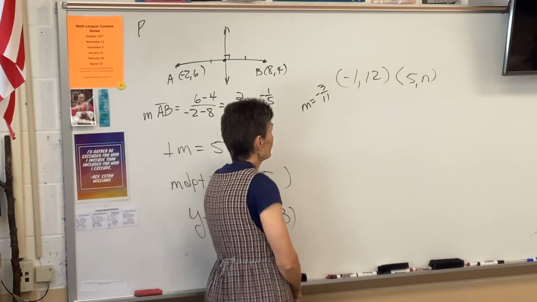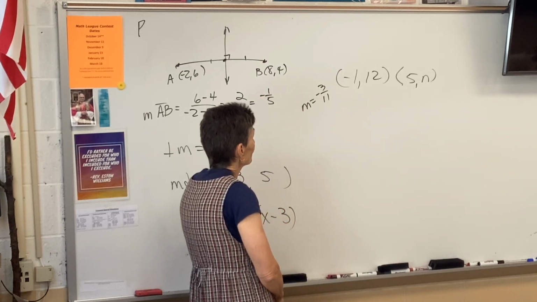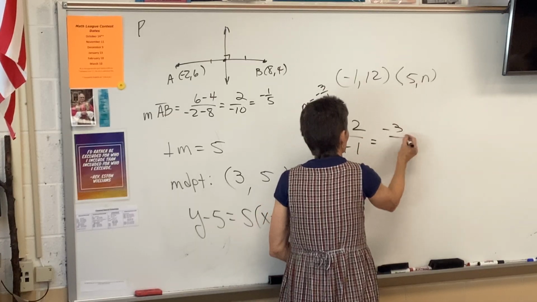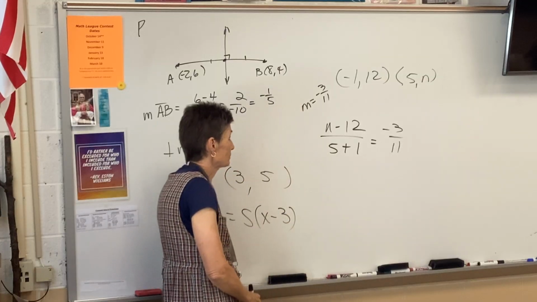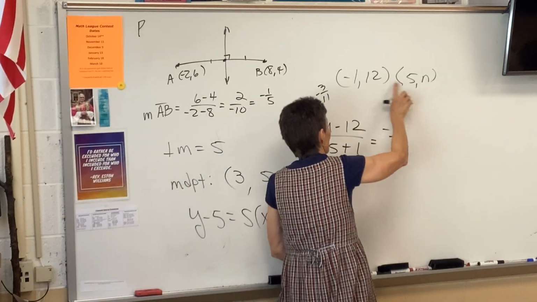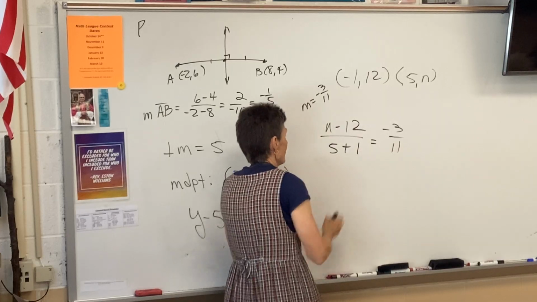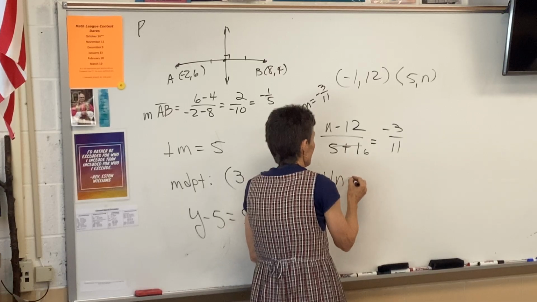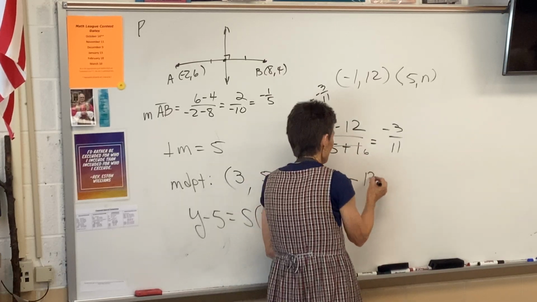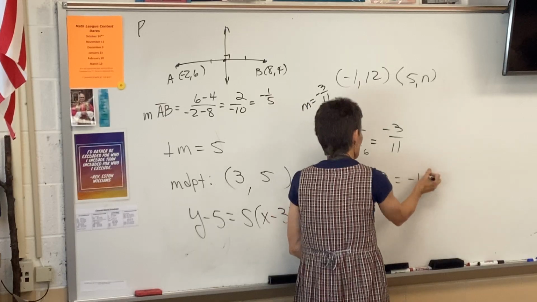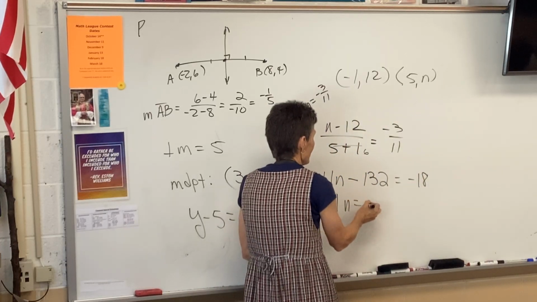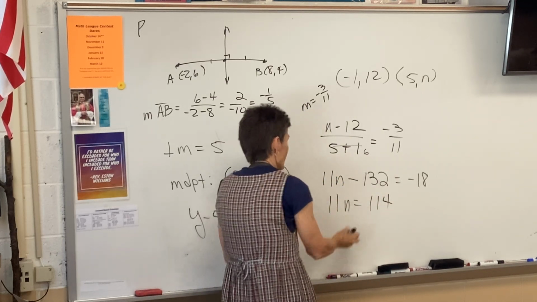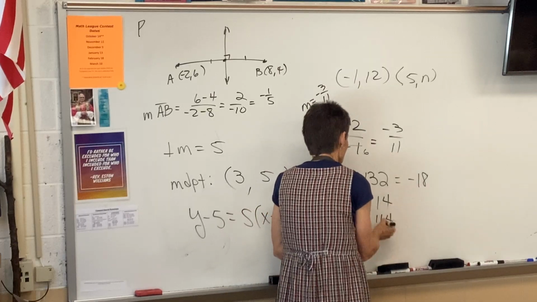You set up n minus 12 over 5 plus 1 equals negative 3/11. Perfect. So we did the slope, n minus 12 over 5 minus negative 1. This, by the way, is 6. So 11n minus, is that 132? 132 equals negative 18. Yeah. So 11n equals 114. So n is 114 over 11.